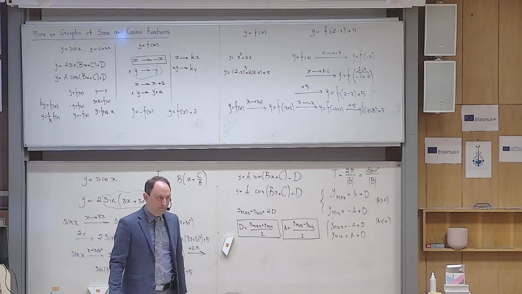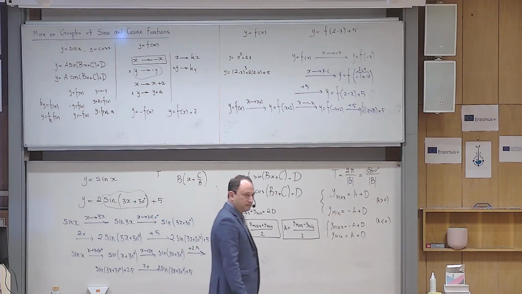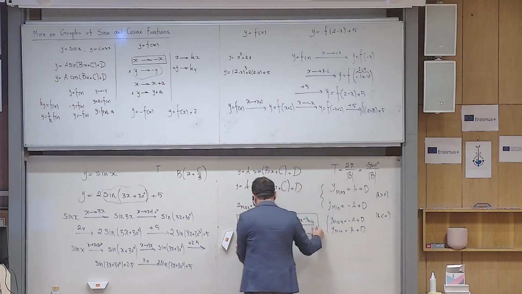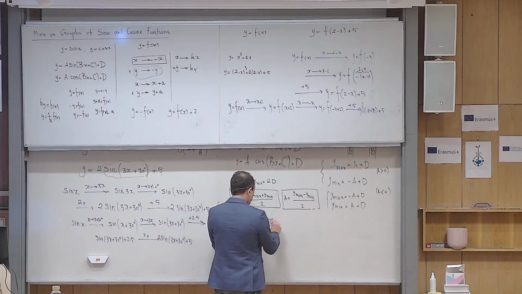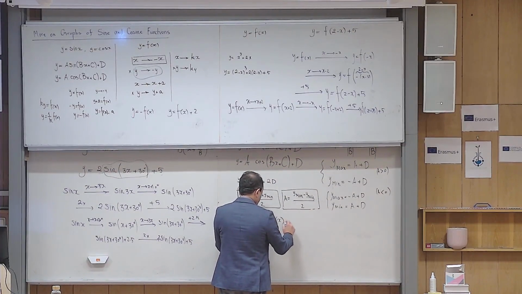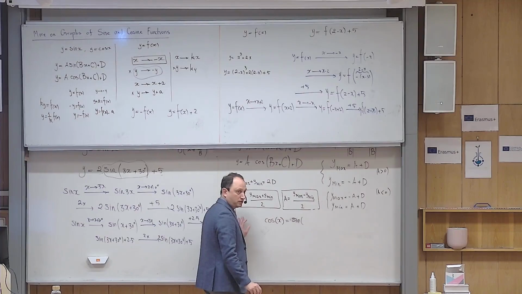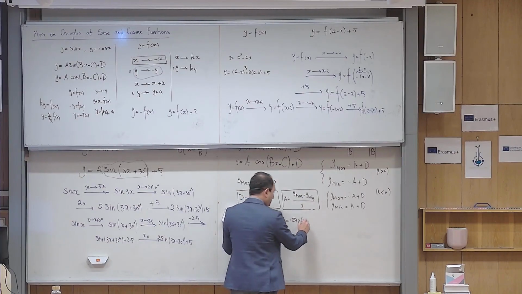Yes? Because they are complementary. So you are saying that cosine x is equal to what? Sine of 90 minus x. Okay, so 90 minus x.